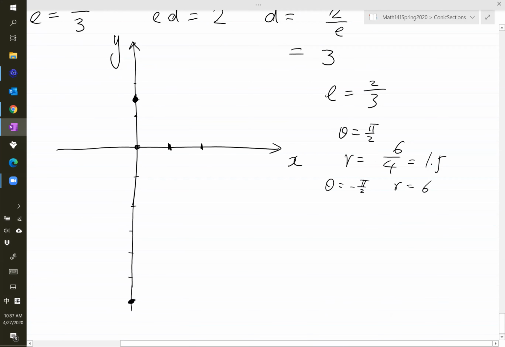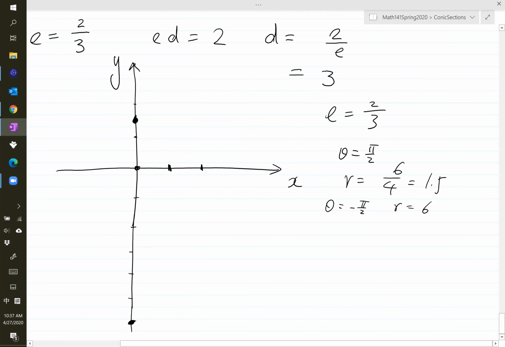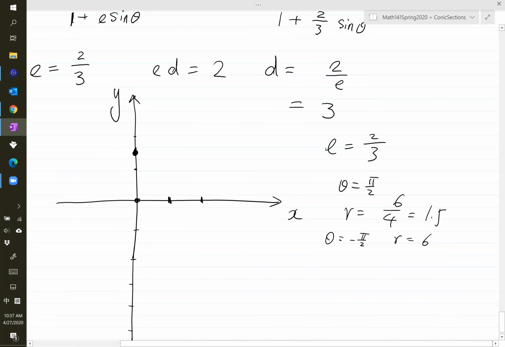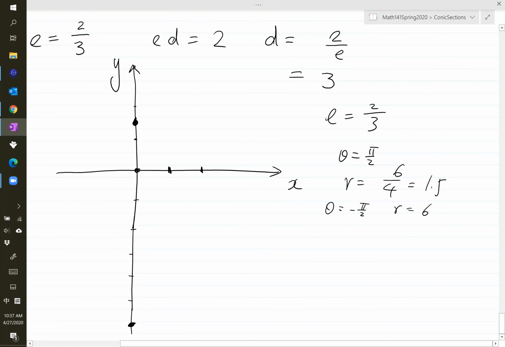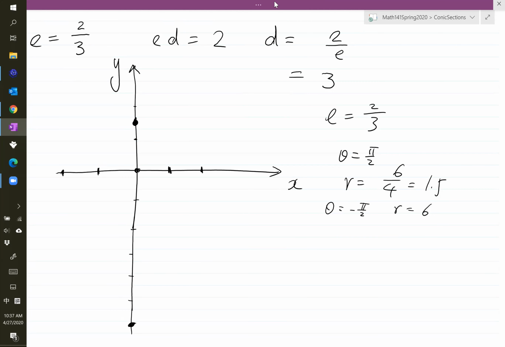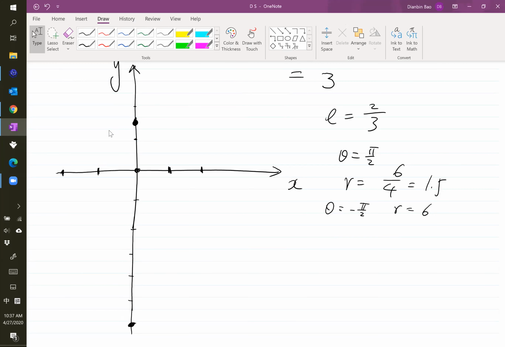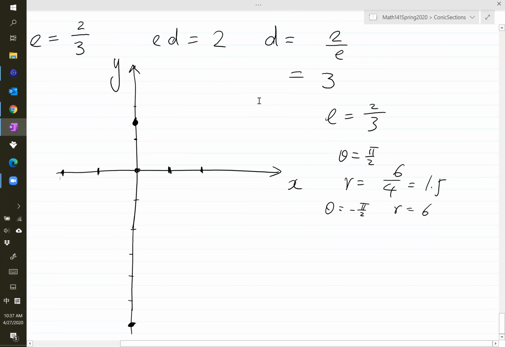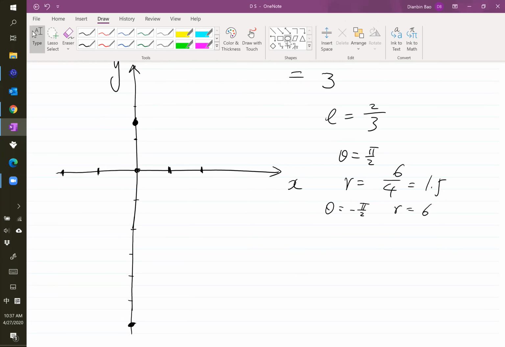And then this is an ellipse. By symmetry, when theta is pi, we get the same thing. So it will be an ellipse that looks like this. Let me insert an ellipse.